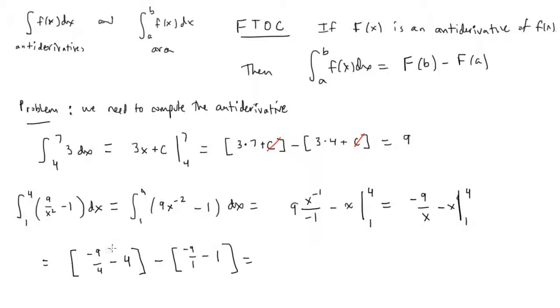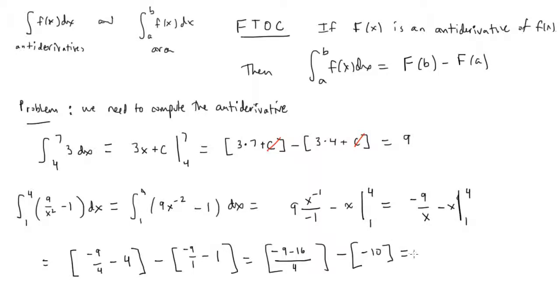Okay, so first thing, why don't we simplify in each set of brackets here. In this first one, because of the 4 in this denominator there, we should probably go ahead and do a common denominator. So this will be minus 9 minus 16 all over 4. And then from that, we will take away, well, negative 9 over 1 is just negative 9, minus another one is negative 10.